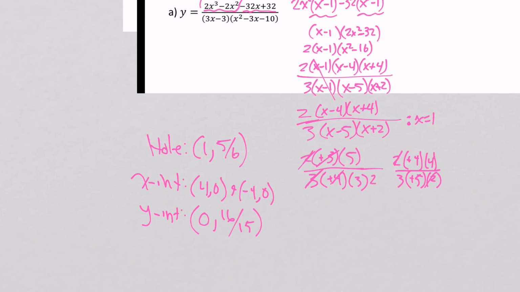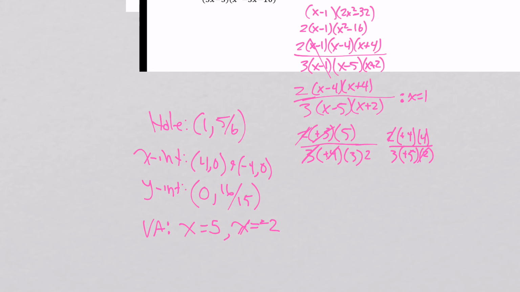What about my vertical asymptotes? My vertical asymptotes will happen when the denominator is equal to 0. So I have two factors down there. X minus 5 tells me a vertical asymptote will happen at x equals 5. And another one will occur from the x plus 2 factor, telling me x equals minus 2 is another vertical asymptote.